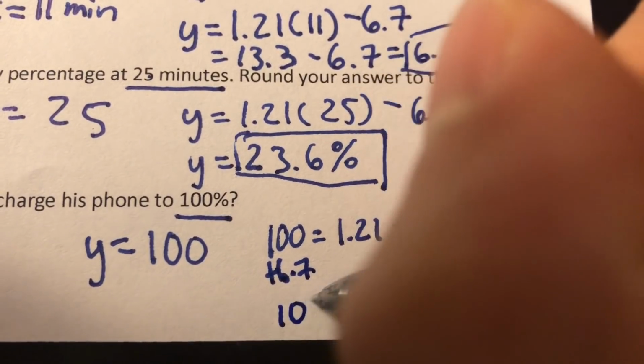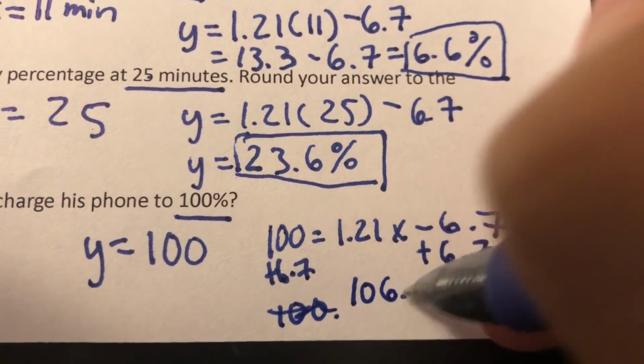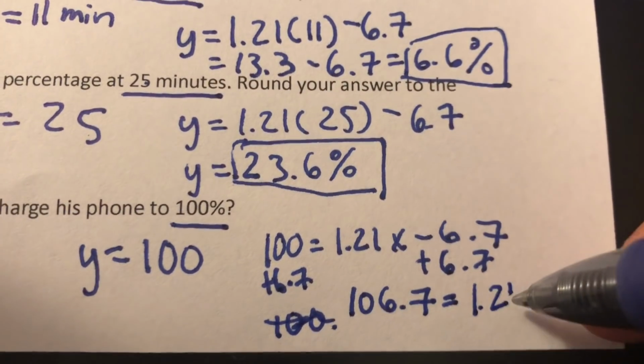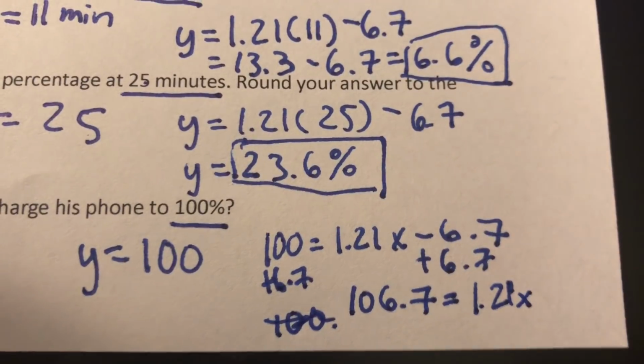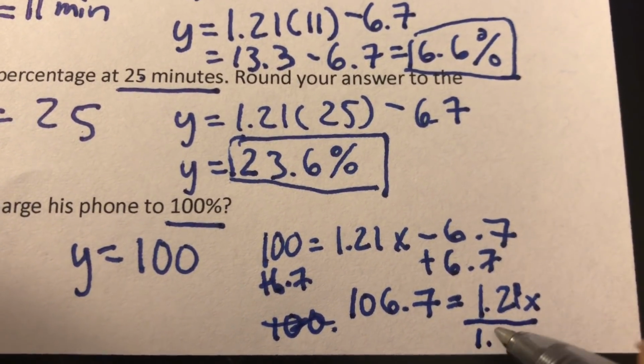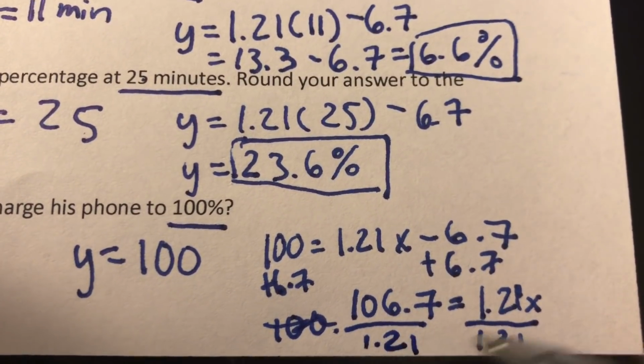That gives me 106.7 is equal to 1.21x. Now I'm going to divide both sides by 1.21 to get x by itself. Sorry, I'm running out of space.